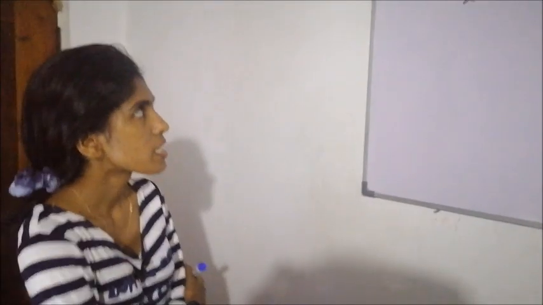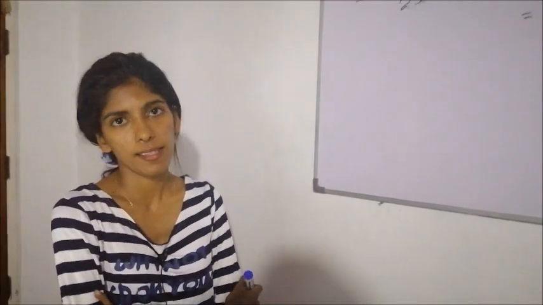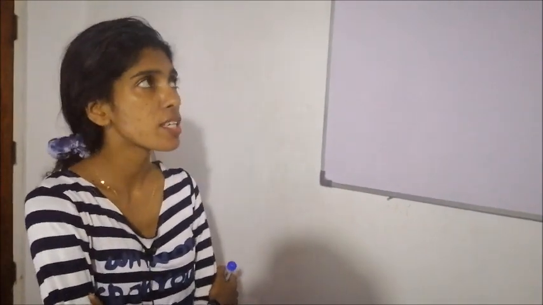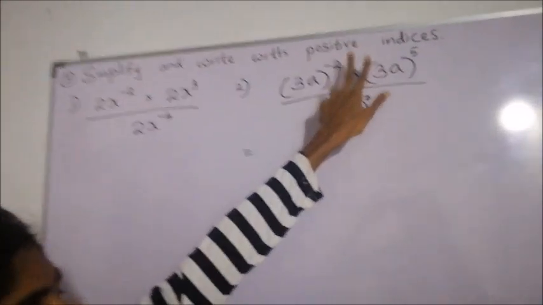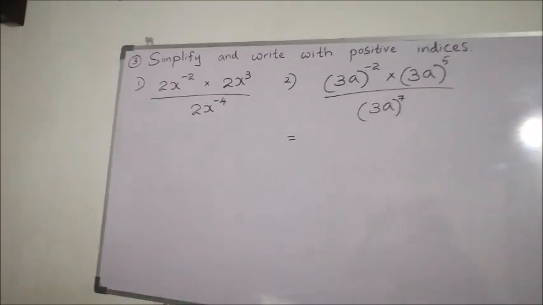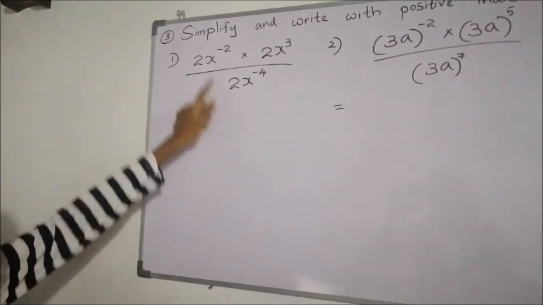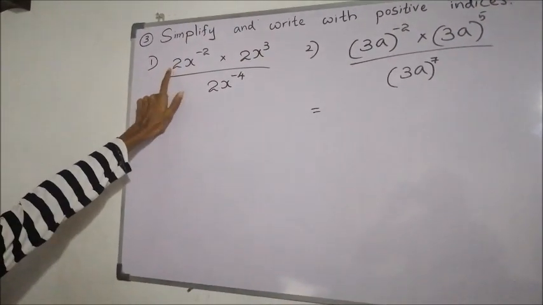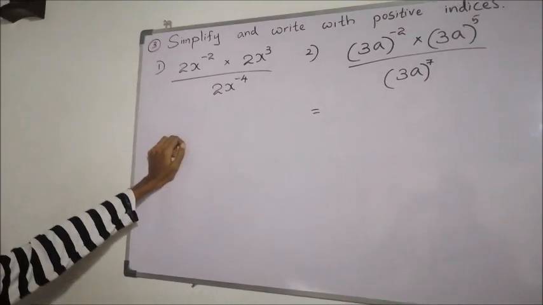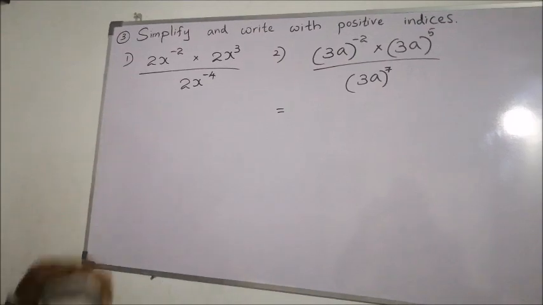Now children, our next question is simplify and write with positive indices. After simplifying, we need to keep the answer with positive indices, right? See the first one. We can see just numbers also. And remember that these indices do not belong to these numbers, okay? So we can simplify the numbers separately.